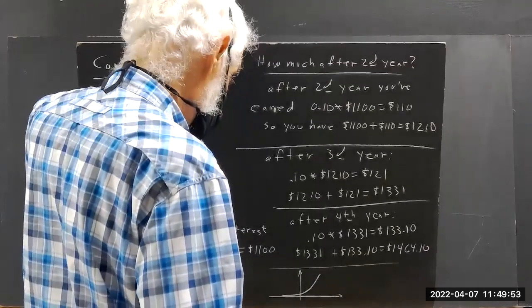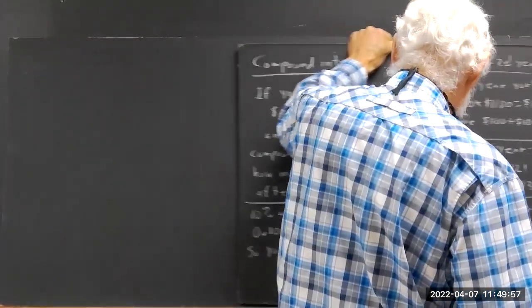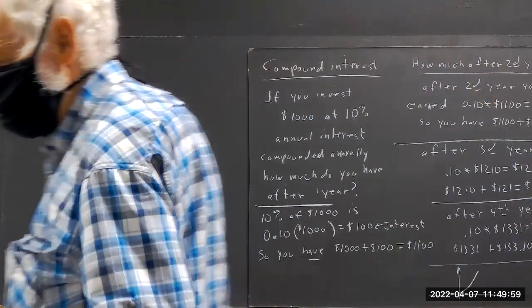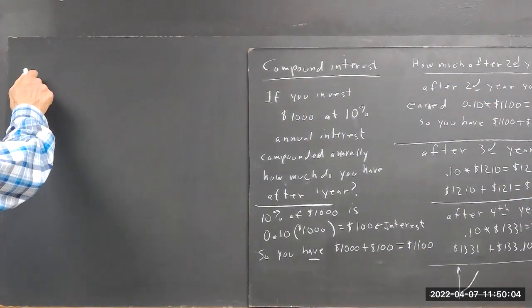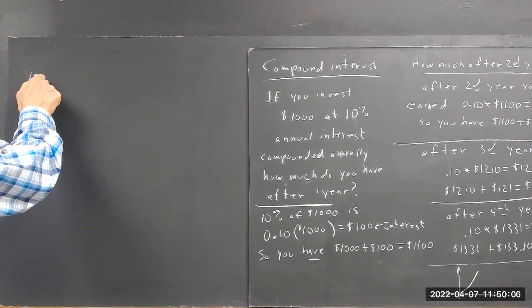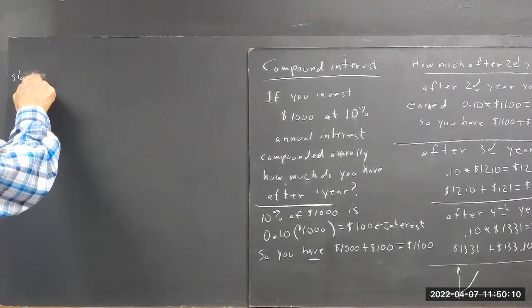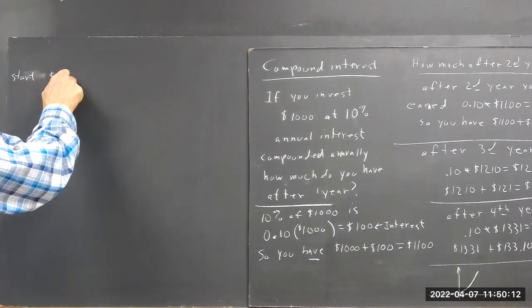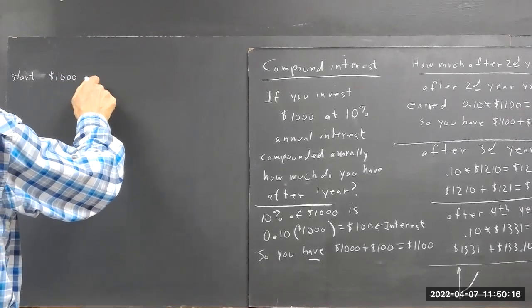Okay. So I'm going to summarize all this on a table. So we start, have $1,000.